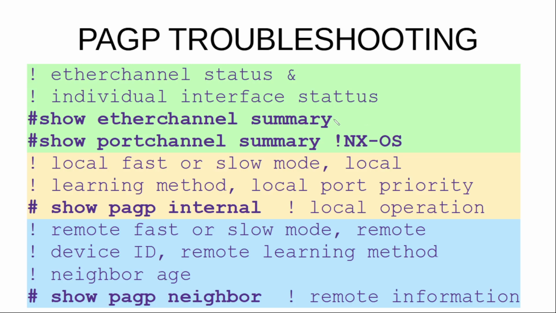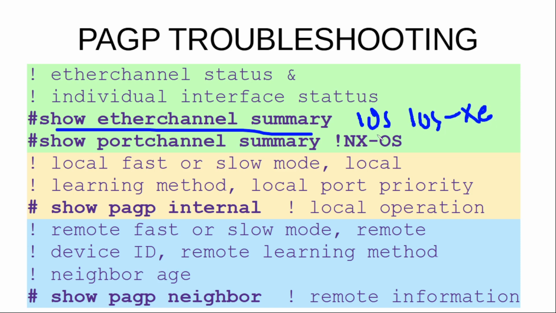Now, what are the troubleshooting commands for PAgP? You can use show etherchannel summary for IOS or IOS XE, or show port-channel summary for Nexus. So with show etherchannel summary, you will be given the status of your port channel.